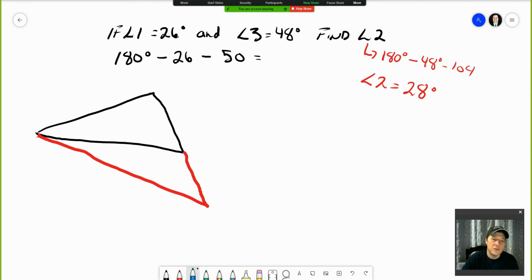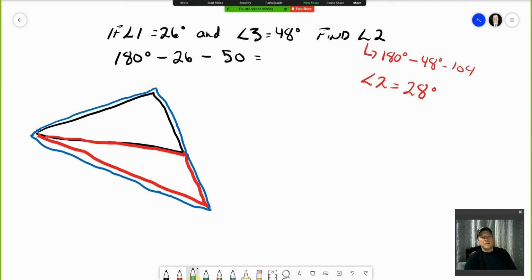So the black is one triangle, and the red, we'll just share a line here, right? The red is a second triangle, and then on the outside, if I can stay away from this line, I'll just draw around it so you can see it. So this line is just demonstrating that what's inside of it is another whole triangle, right? So there are 3 triangles here.